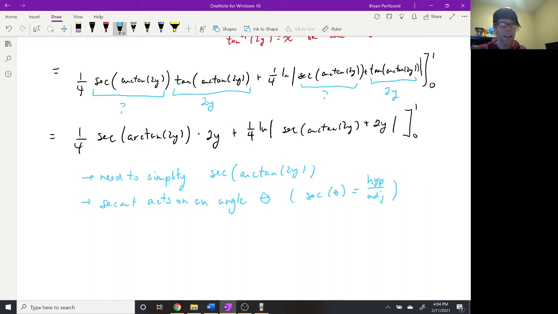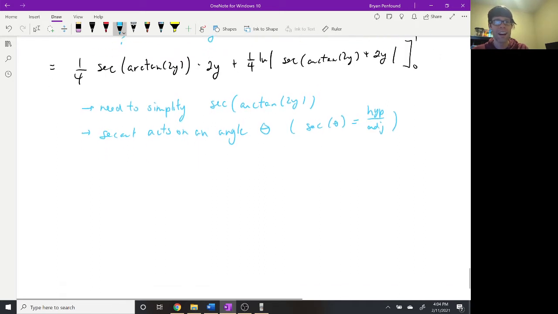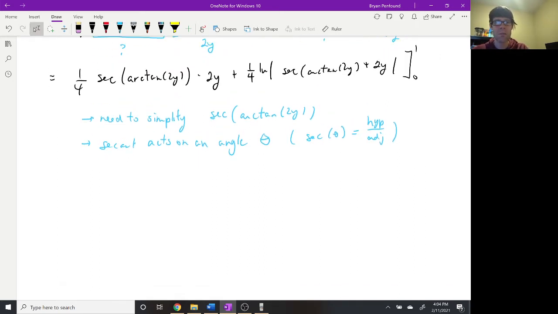So we do need a little bit of that knowledge from our preliminary pre-calculus or trigonometric exploration. Keep that in the back of your mind here. We are going to use that in a second. Okay, so let's pretend that arctan of 2y is actually an angle, which it should be, right?